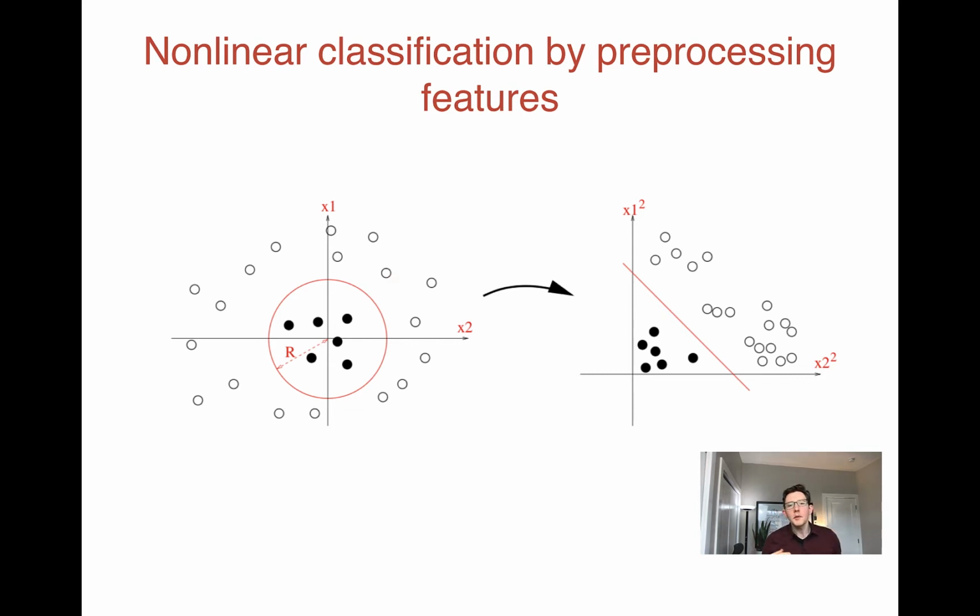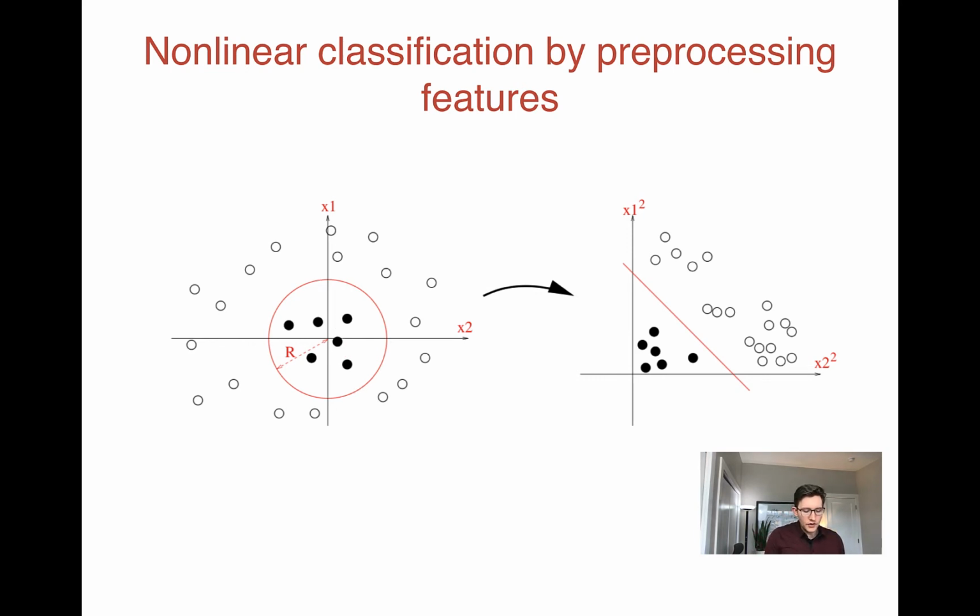So one big downside of linear classification algorithms like linear discriminant analysis and logistic regression is that they can only ever give you a linear decision boundary in our feature space, as we talked about.